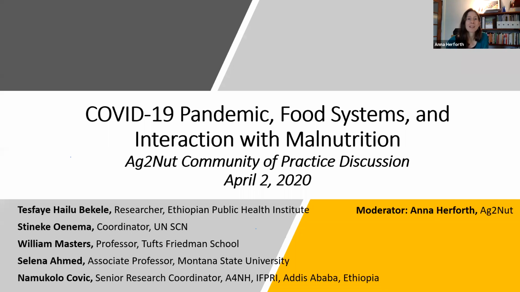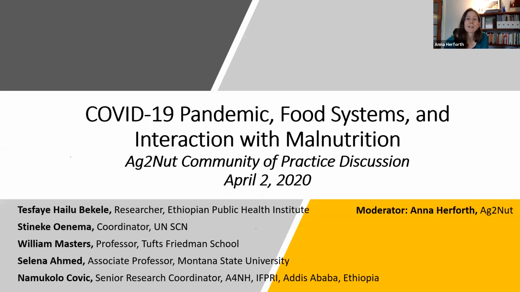The purpose of this discussion is firstly, just to come together as a group of people with the same concerns around the issues of how this pandemic can be affecting food systems and how it may be interacting with malnutrition.